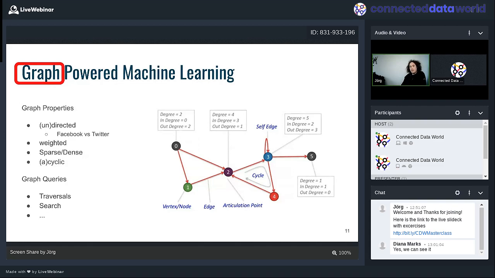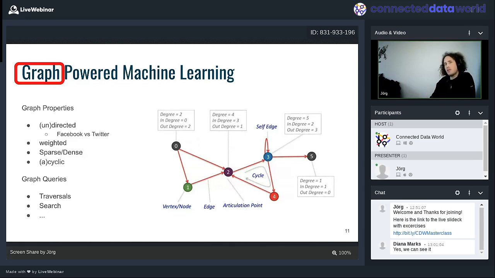Furthermore, another factor when deciding whether to use a graph database or another database is to look at the queries we want to answer from this graph data set. These are queries that really center on the connections in between, for example, traversals.